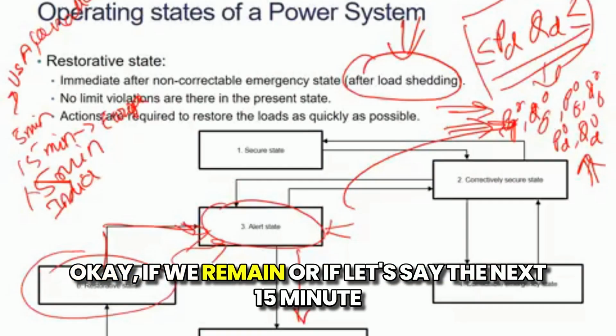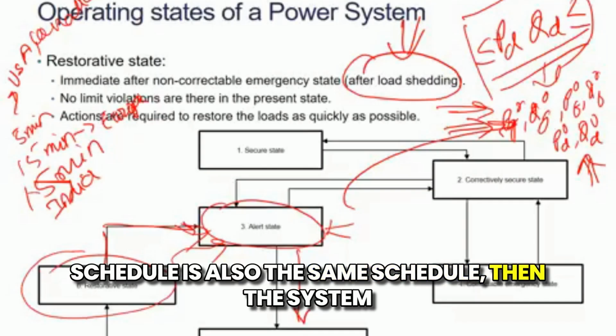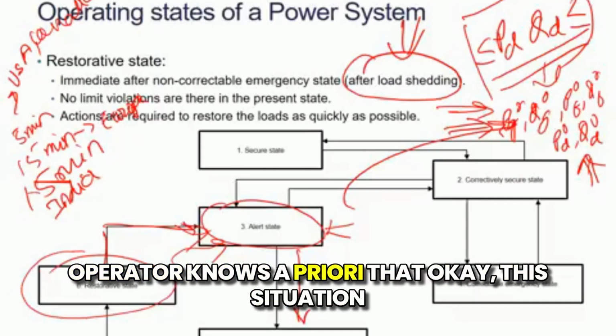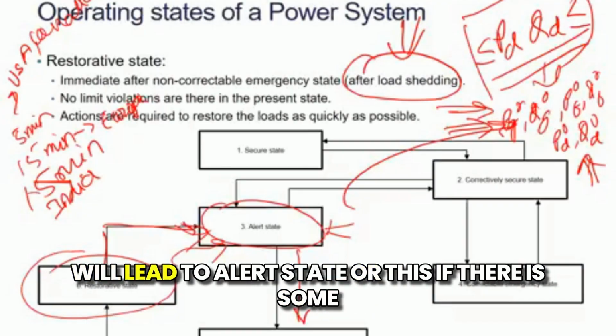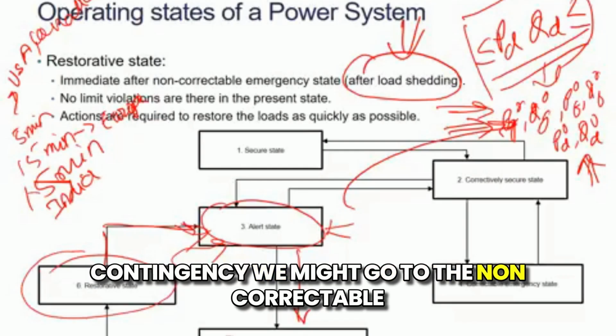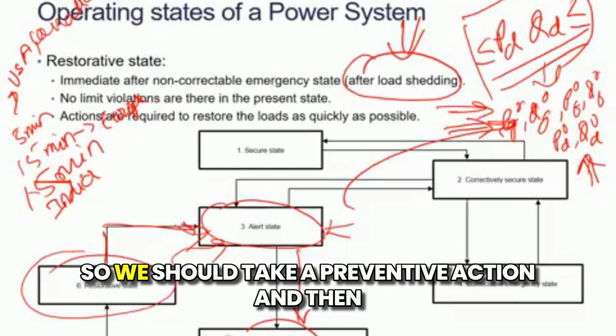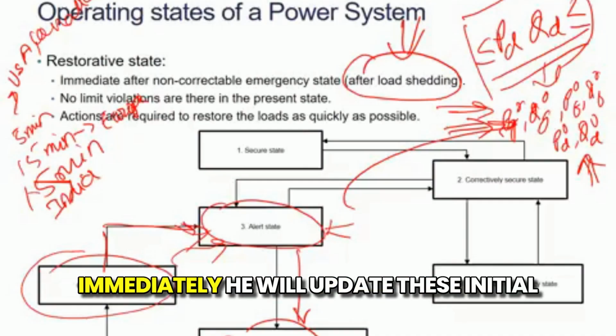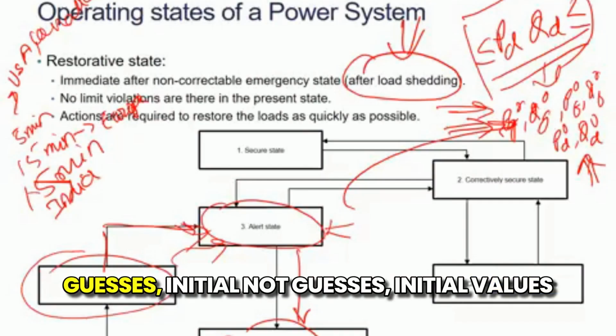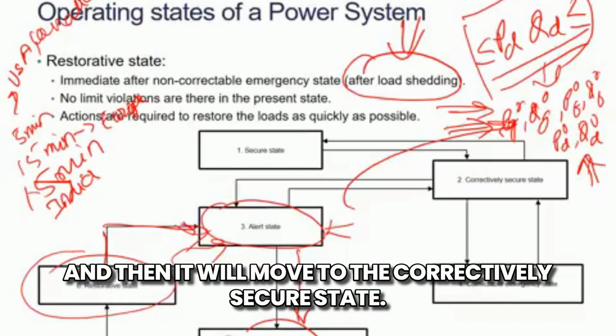If the next 15-minute schedule is also the same schedule, then the system operator knows a priori that this situation will lead to the alert state, or if there is some contingency, we might go to the non-correctable emergency state. So we should take a preventive action, and then immediately he will update these initial values, and then it will move to the correctively secure state.